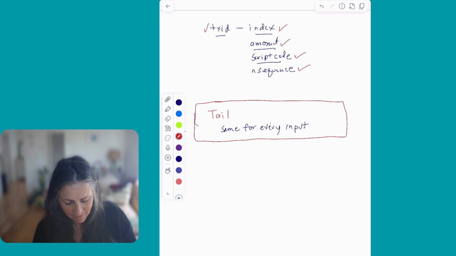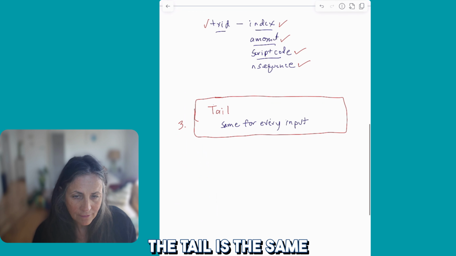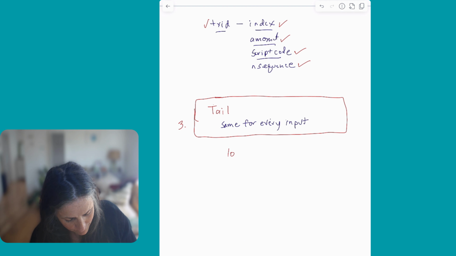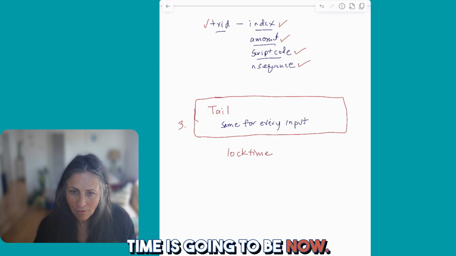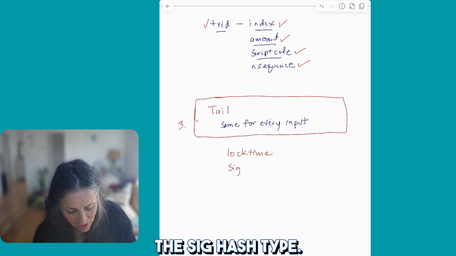Okay, and now the tail. Let's see if I can get that out of the way. The tail is the same for every input, and for that you just need the lock time. Most of the time, the lock time is going to be now. And then you need the sighash type.